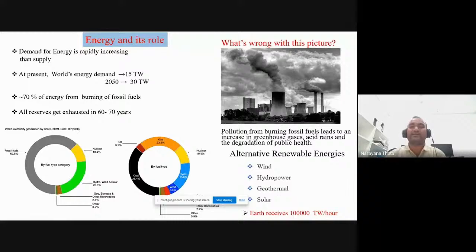We are already observing its impact, like high temperatures in summer, greenhouse gases, and pollution. These are the adverse effects we are facing because of the usage of fossil fuels. The immediate next step is to turn our focus to renewable energy sources.